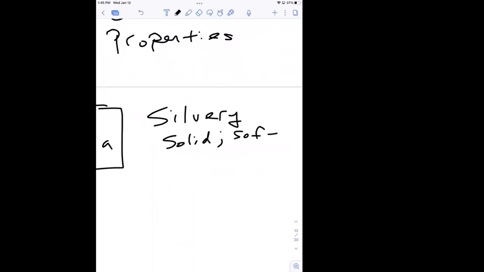Very soft metal. You can actually cut it with a spatula in the lab. You can shave off little pieces of it. You have to store it in oil because it's highly explosive when it's exposed to water. I'm sure some of you have probably seen a YouTube video where some chemistry professor just takes a block of sodium and tosses it into a lake. It's highly explosive when you expose it to water.